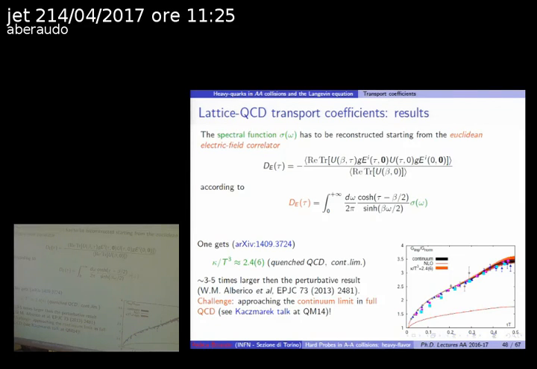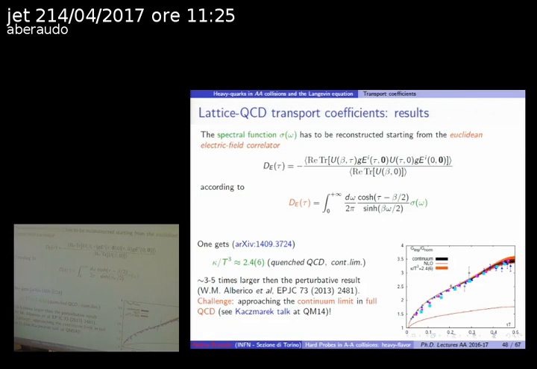other Bayesian techniques. Of course, another strategy is to give an ansatz for the functional form of this sigma, depending on a few parameters, and fit these few parameters on top of this data.